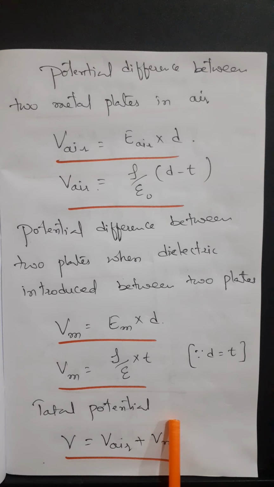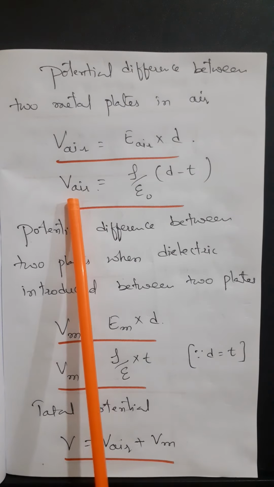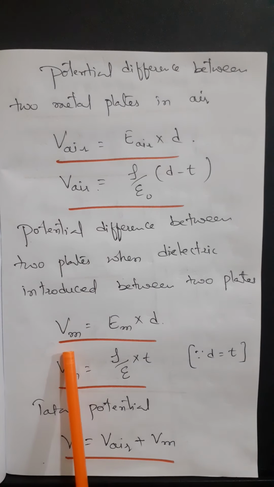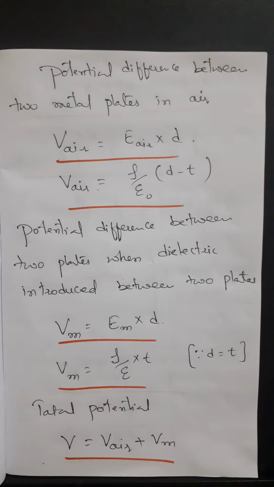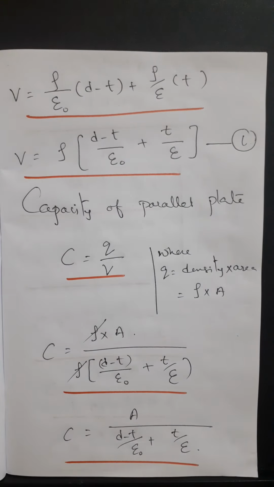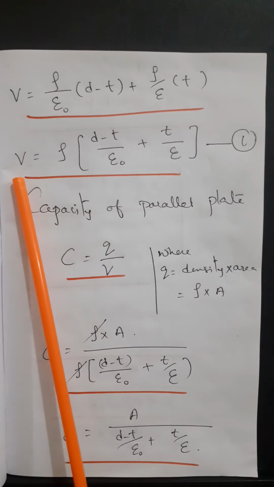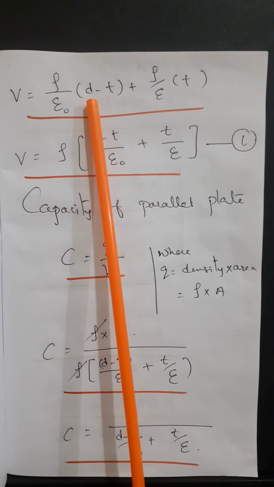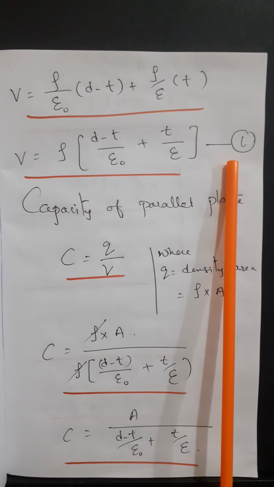The total potential is the potential when there is no medium plus the potential when the medium is there. So V is equal to V air plus Vm. Substituting the values of V air and Vm, we get V equal to rho, taken out, times D minus t by epsilon naught plus t by epsilon. Let us take that as equation number 1.